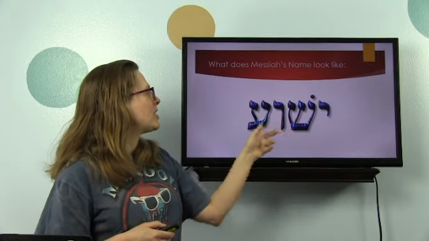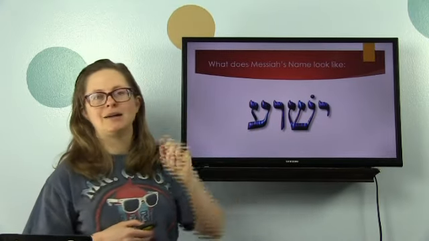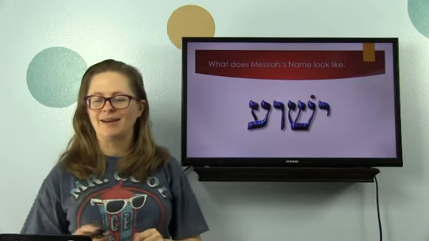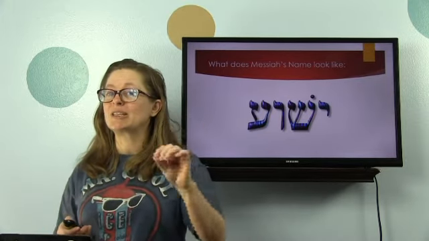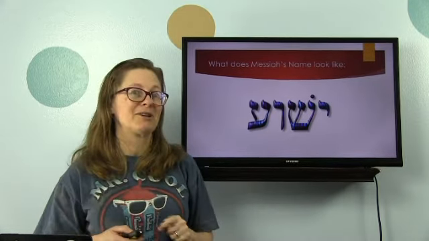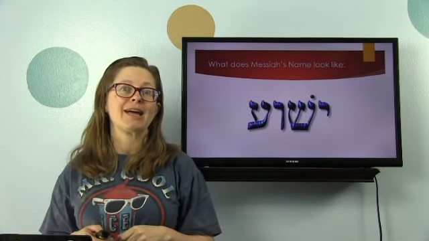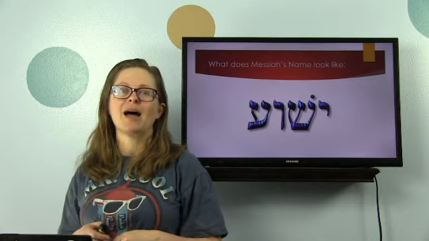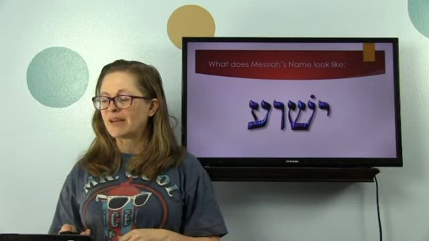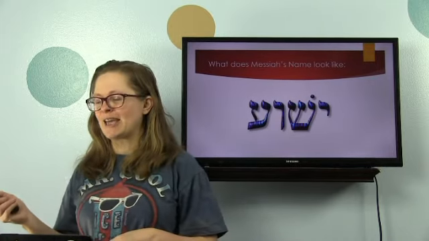And so you've got Yeshua. Okay, so that's what Messiah's name looks like in Hebrew. At the very end of the teaching, I'm going to show you where it says the Messiah's name will be Yeshua, actually, in the book of Zechariah. Very cool.